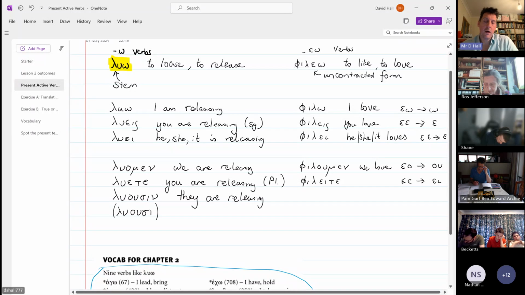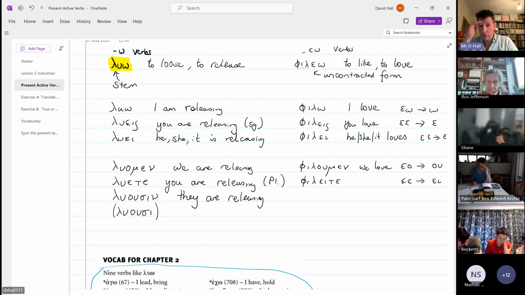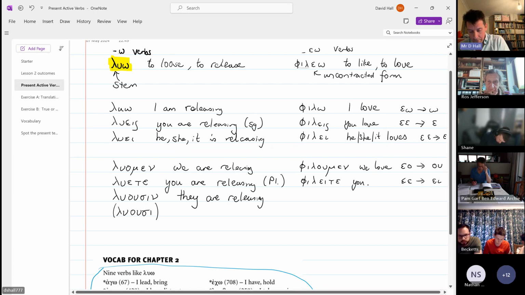So we have an epsilon iota. So you just need to be able to spot that. Again, it doesn't change the meaning in terms of the standard meaning of the tense. It's just what happens with these particular types of verbs. And that's you love in the plural.